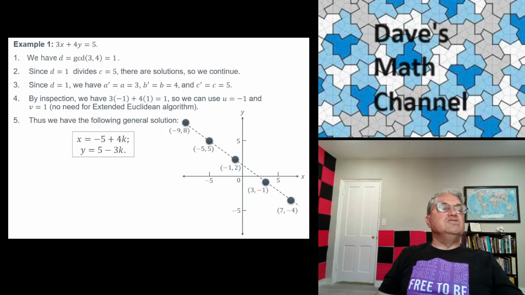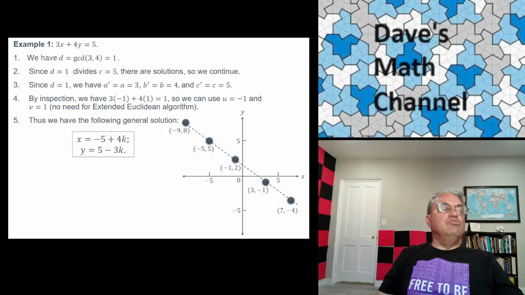We want to find a solution to the equation 3u plus 4v equals 1. It's pretty easy to see that if we set u equal to -1 and v equal to 1, this works. So now we found u and v, and we didn't have to use the extended Euclidean algorithm. That was nice.